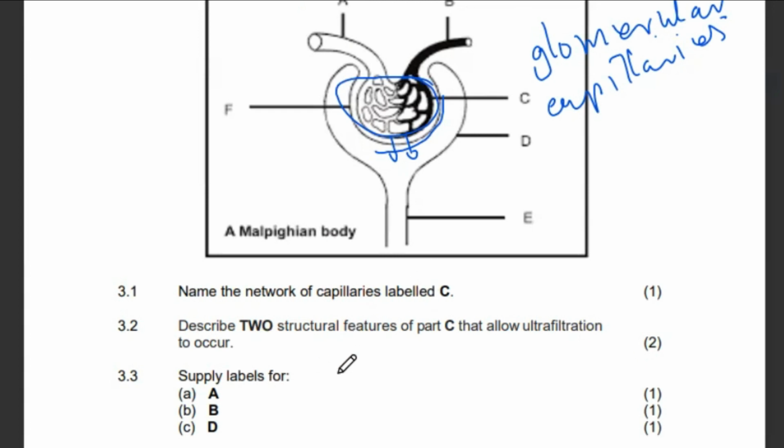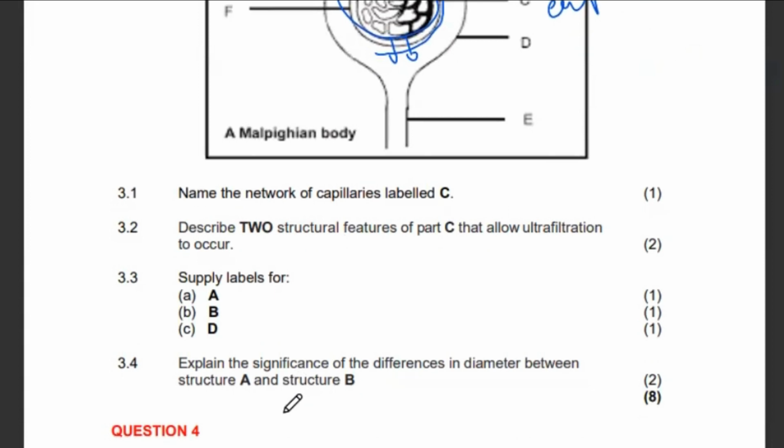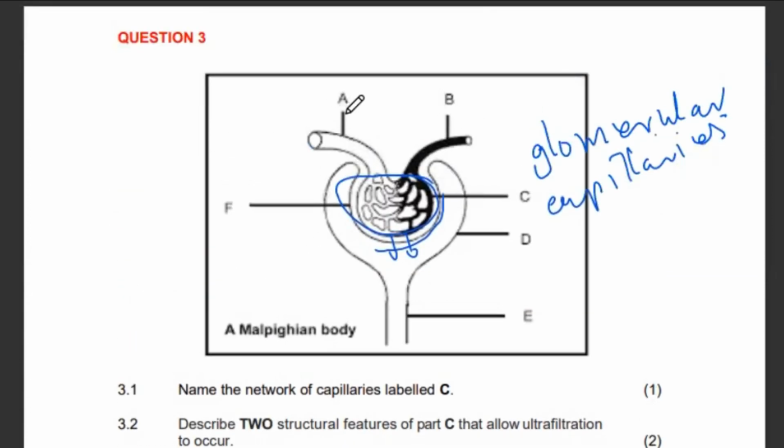Yes, we come back to our question. They're saying supply the labels for A. What is A now? Because now this is linked to the Malpighian body, therefore this is not the renal artery. No, it is the afferent arteriole.